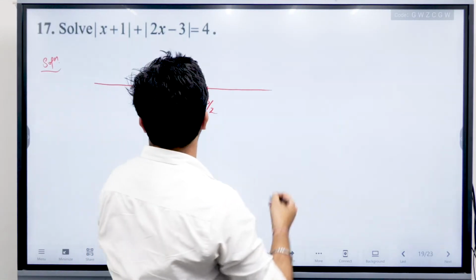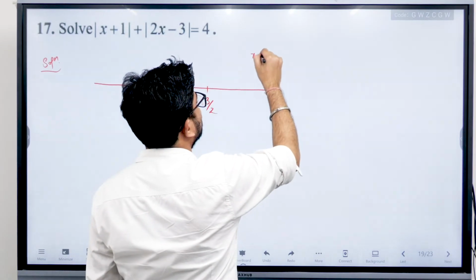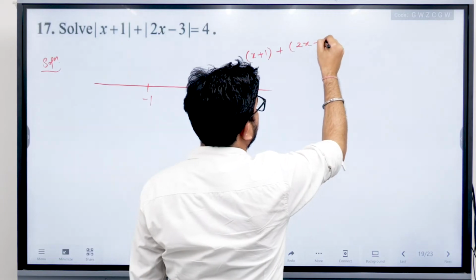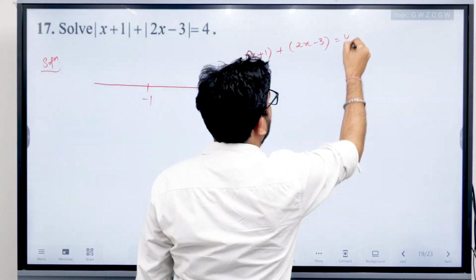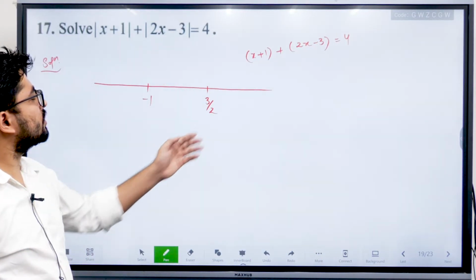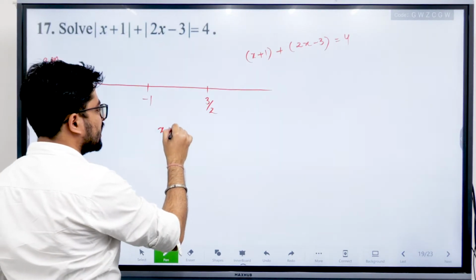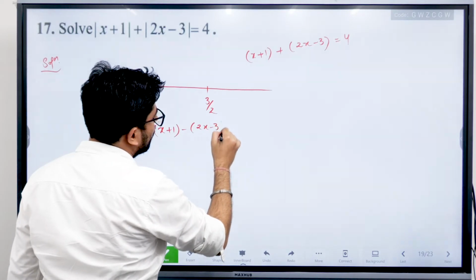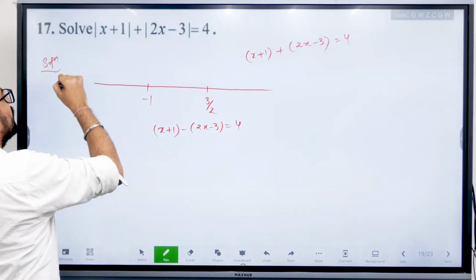So in 3 by 2 to infinity, x plus 1 opens with plus sign, 2x minus 3 opens with plus sign, and this thing is 4. And in minus 1 to 3 by 2, x plus 1 opens with plus sign, and the next one opens with the negative sign, equal to 4. And here both will open with the negative sign.